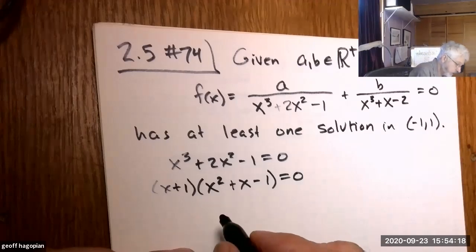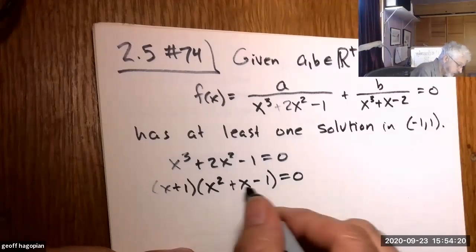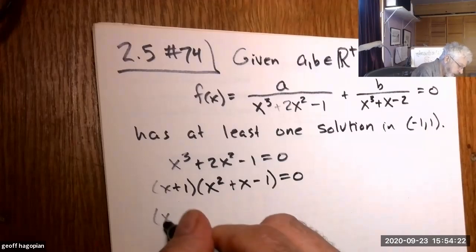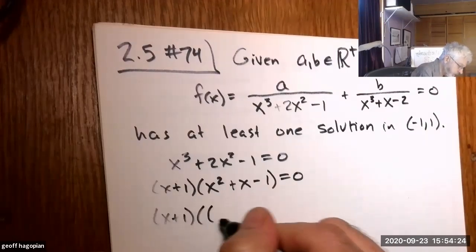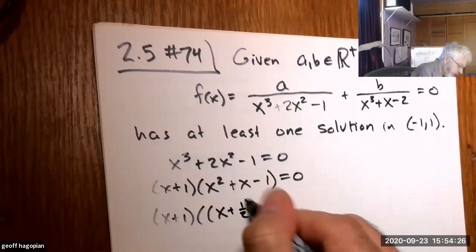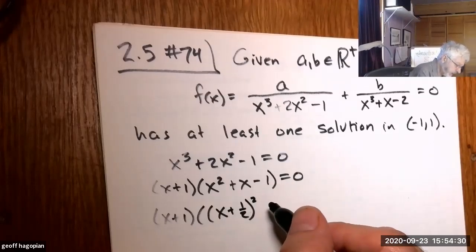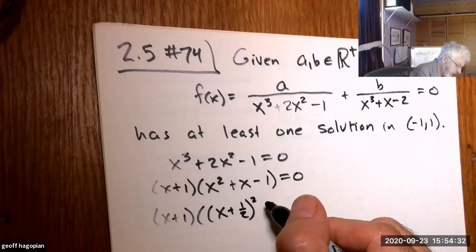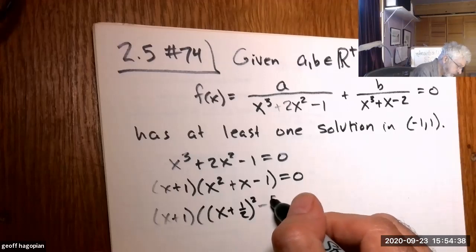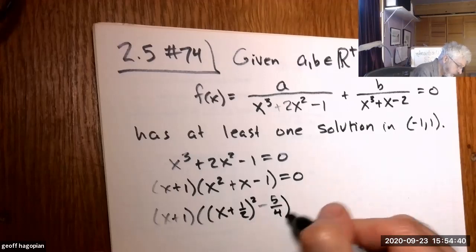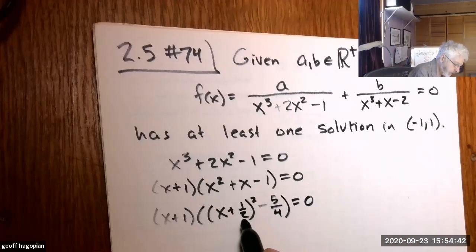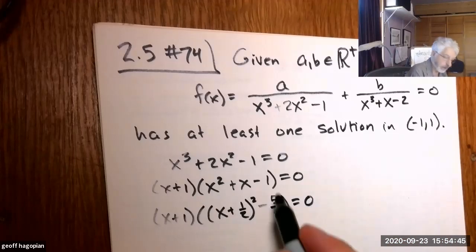So let's complete the square there. We're going to have x plus a half squared, and then we need to subtract 5/4. Because you'd have a quarter, you need to subtract 5/4 to get -1.